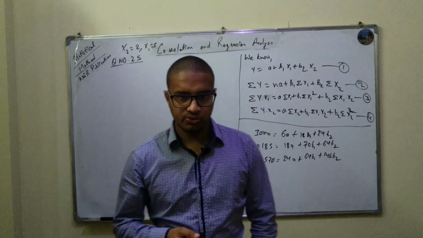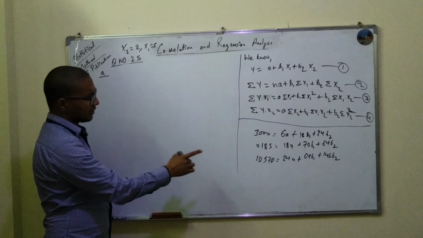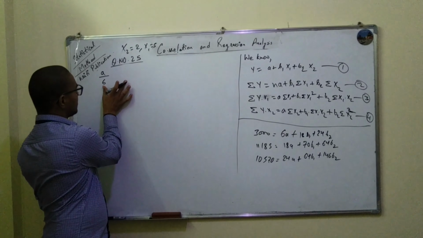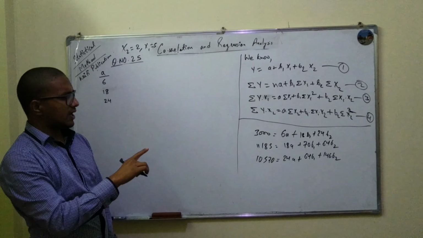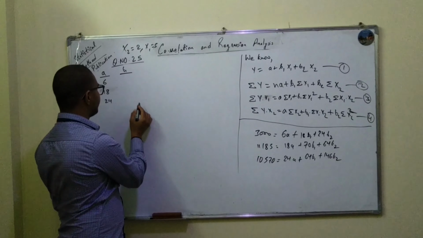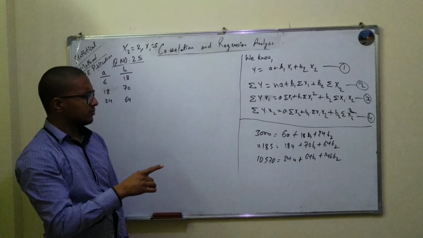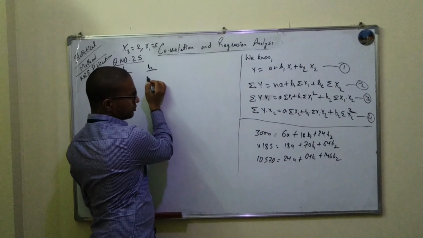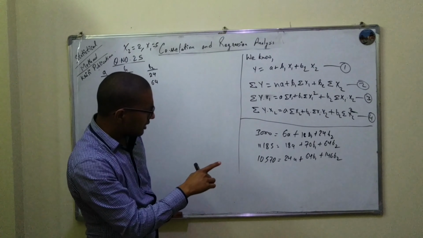Now, as you can see, what are the values in A? 6, 18 and 24, the values before A. And for B1: 18, 70 and 64. B2 is 24, 64 and 146.